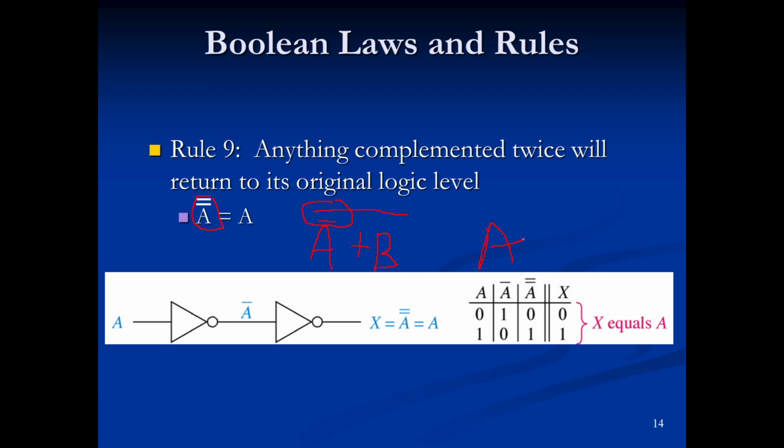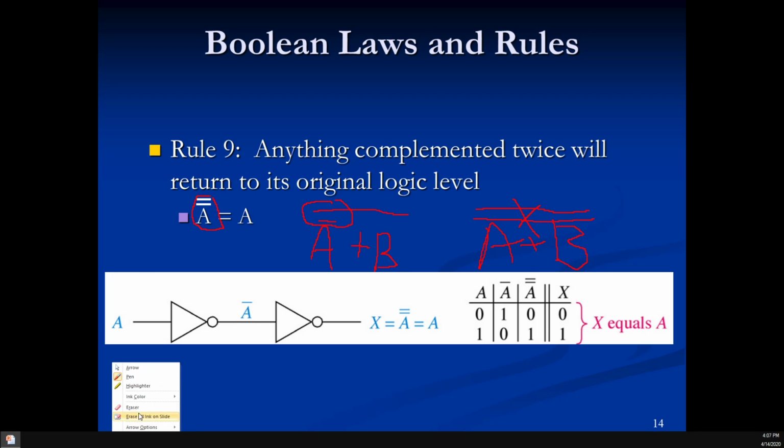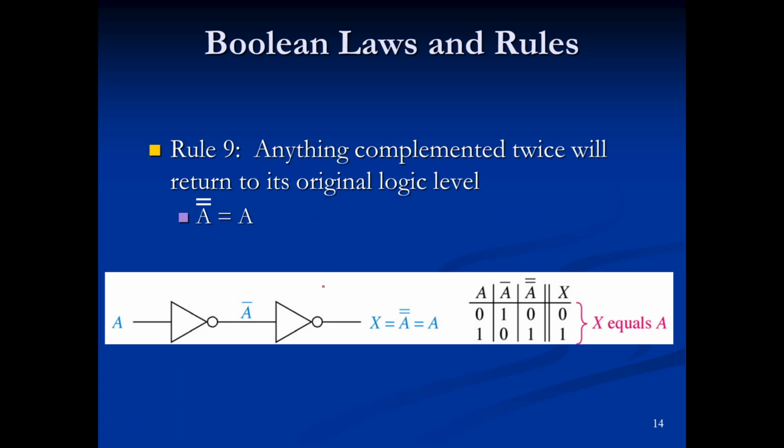If you had A or B, and you had two bars over the whole thing, the two bars here are over the same exact quantity, A ORed with B. So these two would cancel. So just be careful about canceling things that are technically over different values.